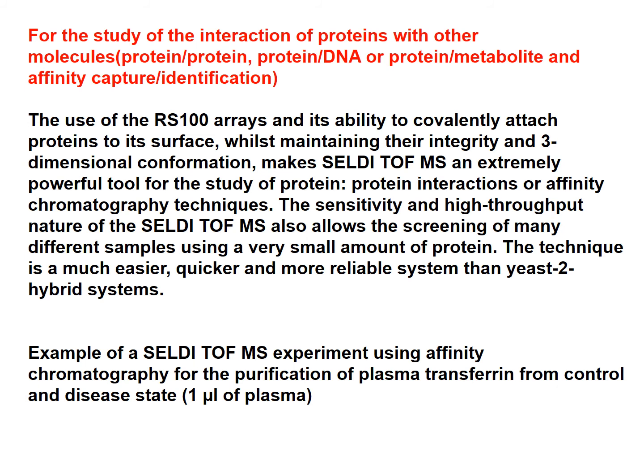So we can look at proteins interacting with other proteins or DNA metabolites. In other words, you can put DNA on those spots, you could put RNA, you could load it with certain proteins to find protein-protein interaction. And here's a clinical example. It shows the purification of a compound known as transferrin.